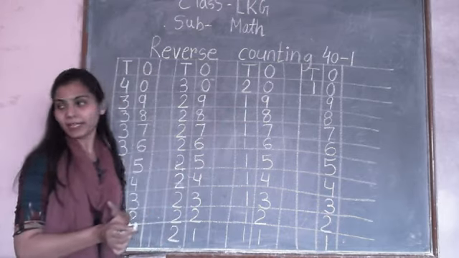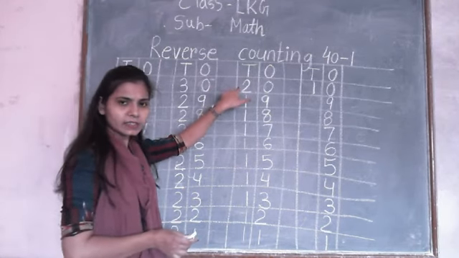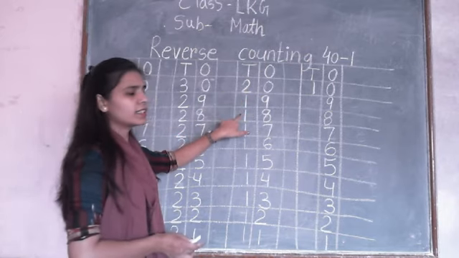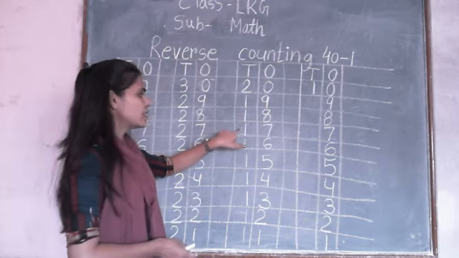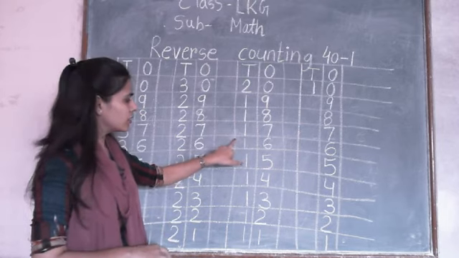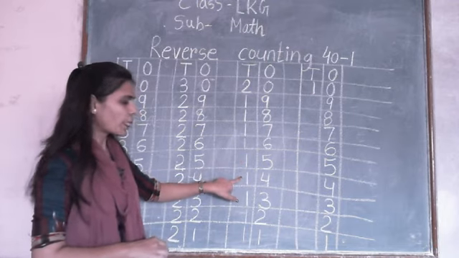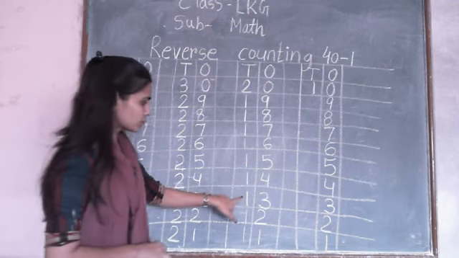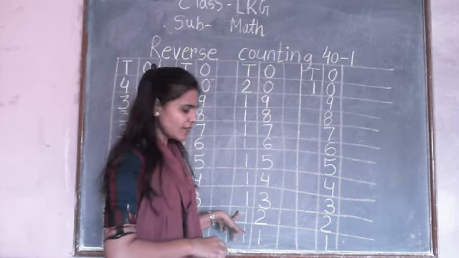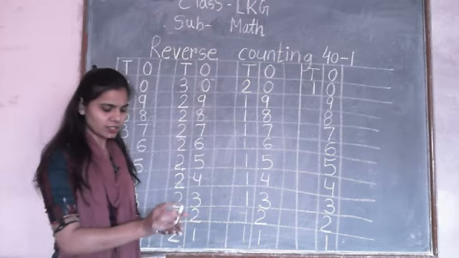From 20. Okay, so now let's check 20, 19, 18, 17, 16, 15, 14, 13, 12 and 11. So your line 20 to 11 checked.